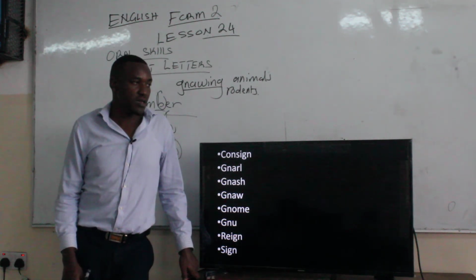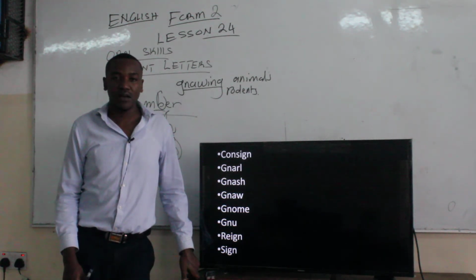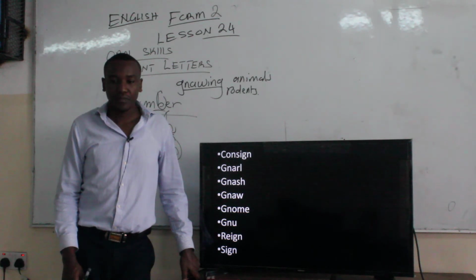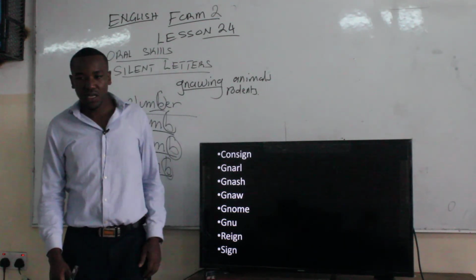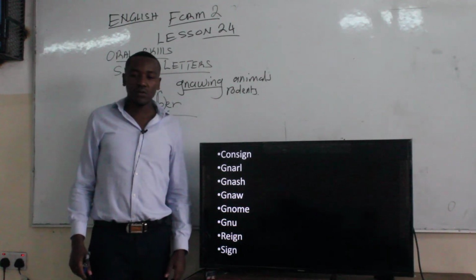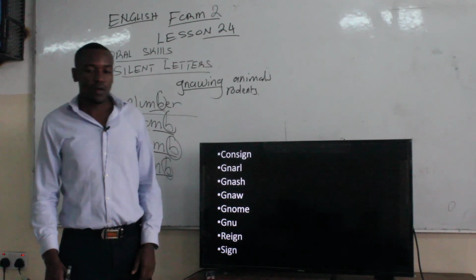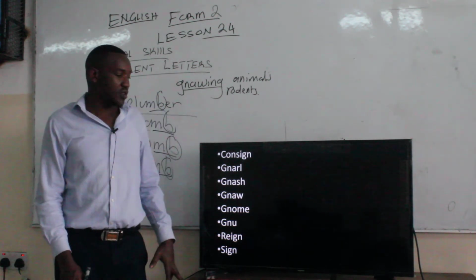We have the reign of the first emperor, the reign. Then we have sign, reign, gnu, gnome, gnash, gnaw, and concern.